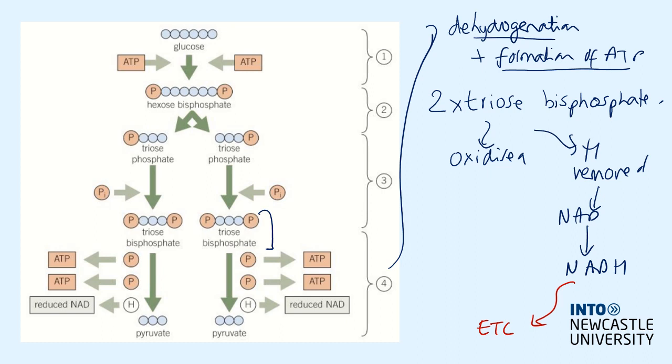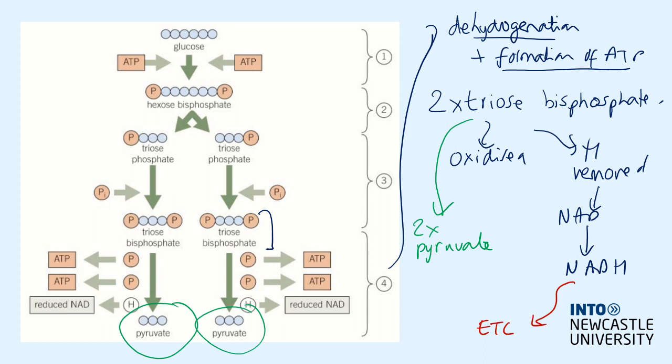In the process of oxidizing the triose bisphosphate, we are going to convert to 2 molecules of pyruvate. And if you remember, that is the end product of glycolysis.